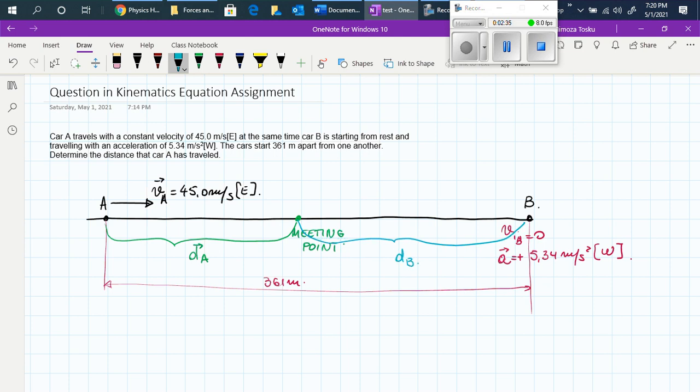This is the same as saying that those two cars are moving, one with a uniform motion and the other with a non-uniform motion. How do we know it is uniform motion? Because we are dealing with a constant velocity. So the displacement that car A travels is the velocity of car A times the time that car A travels until they meet.